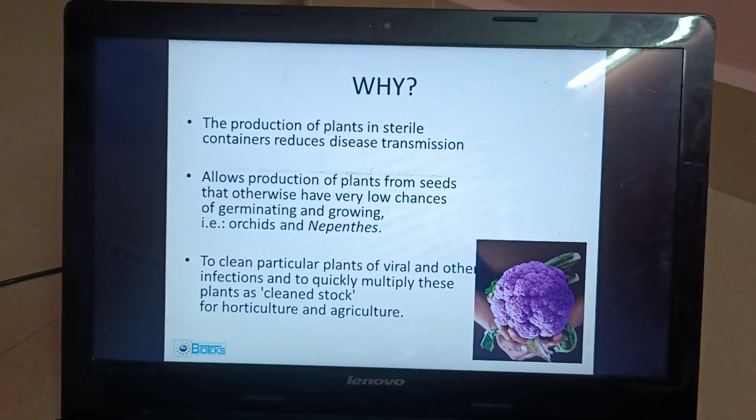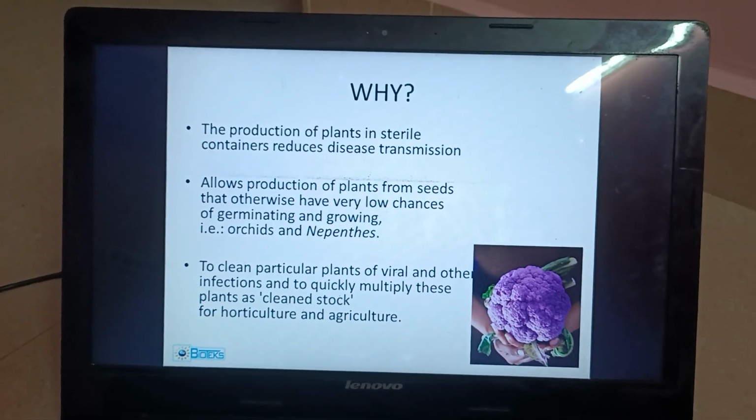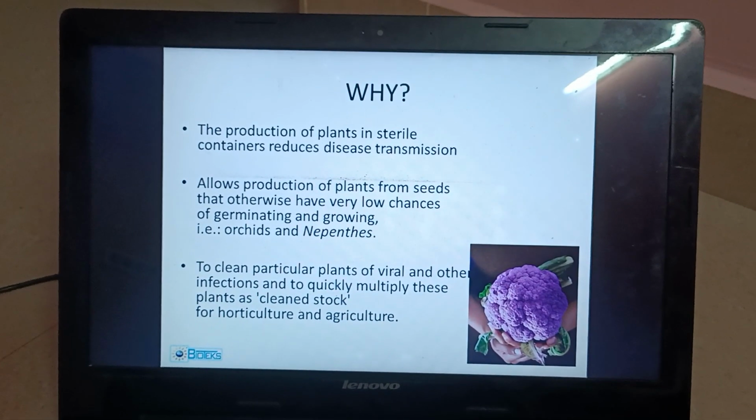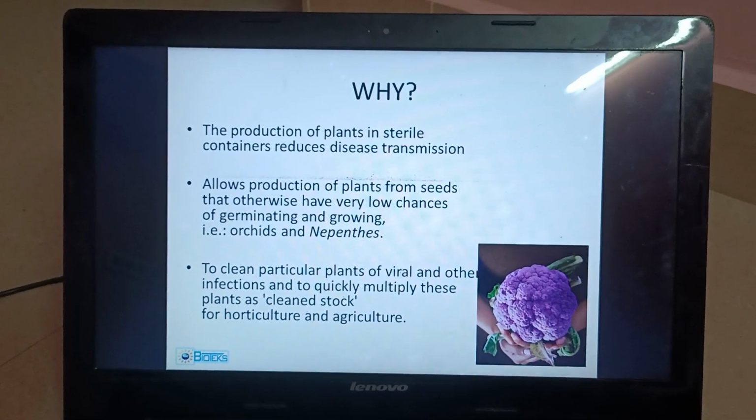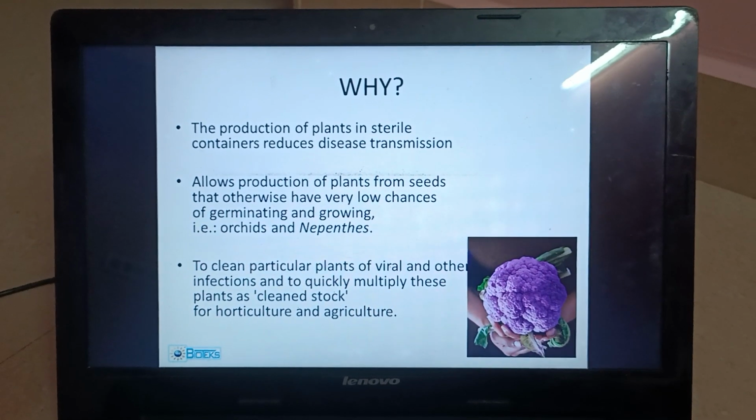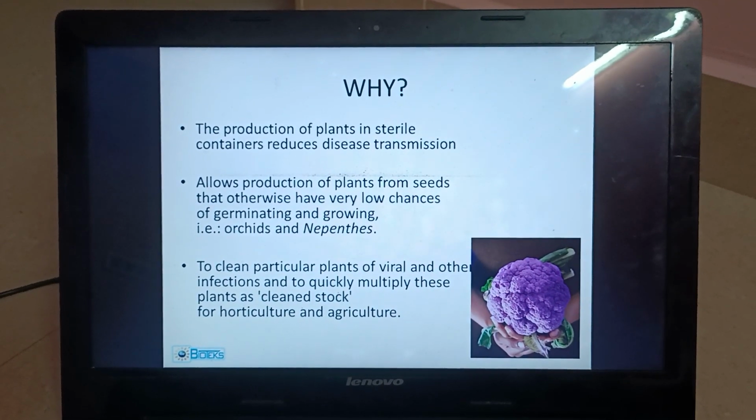So we can minimize the infection rate during the cultivation period.